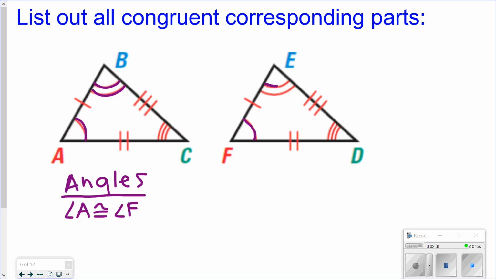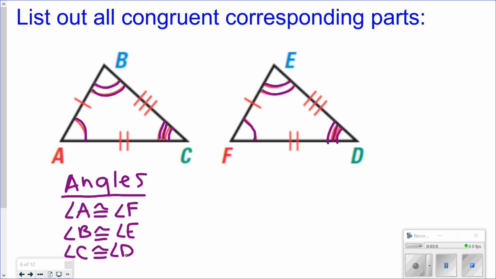It would be angle E. So angle B is congruent to angle E. And then thirdly, we have three tick marks here, three tick marks here, which means those angles are also congruent. So angle C is congruent to angle D.